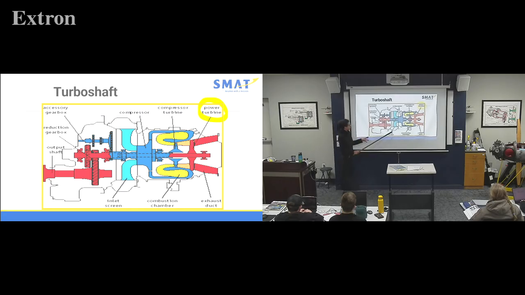Here we have our inlet towards the front of the whole engine, then the compressor, the combustion chamber, and exhaust. And a turbine is an inner spool that comes up through our gearbox to the drive shaft. So that's how it works on a non-free turbine, where it's all connected.